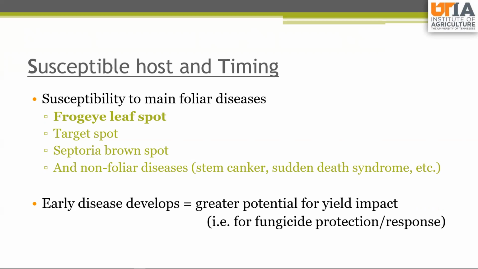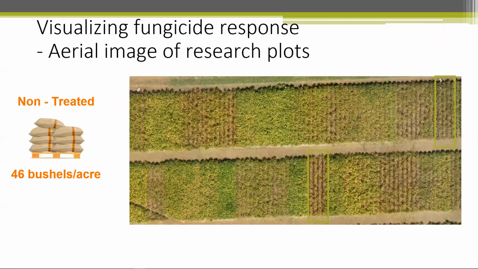As for timing, the earlier disease develops, the greater the potential for yield impact, i.e. the need for fungicide protection and to have a response from a fungicide. Here is some nice visual aerial imagery for fungicide response. These are some small plots.